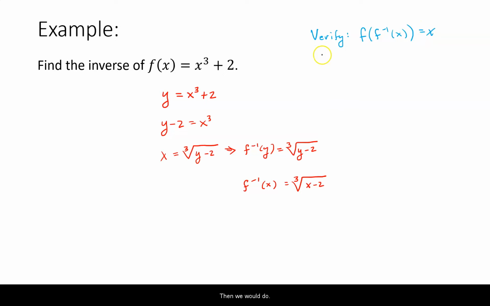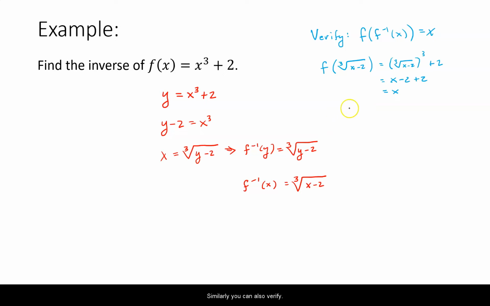Then we would do f composed with the cube root of x minus 2, which we can then substitute the cube root of x minus 2 in for x here. We see that cubing the cube root cancels the cube root. And then x minus 2 plus 2 just leaves me with x.